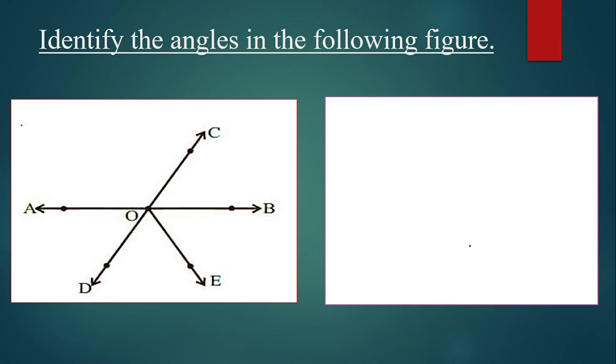You can see we have 1, 2, 3, 4 and 5 angles, and you can also write the names.